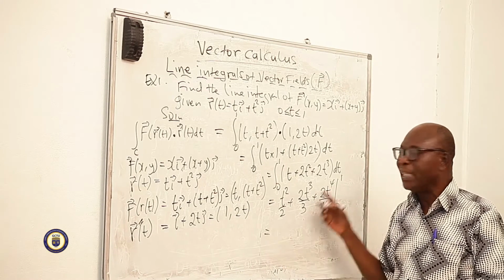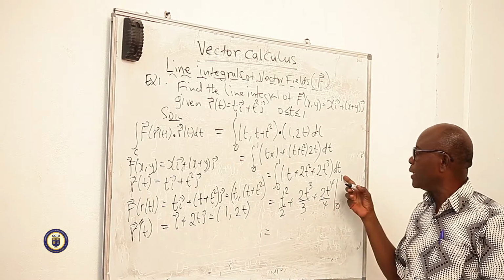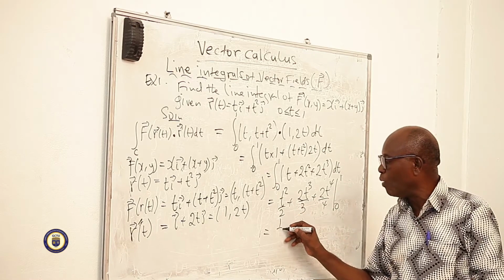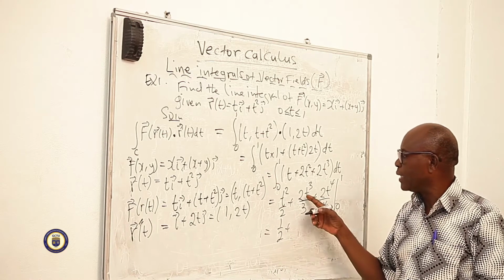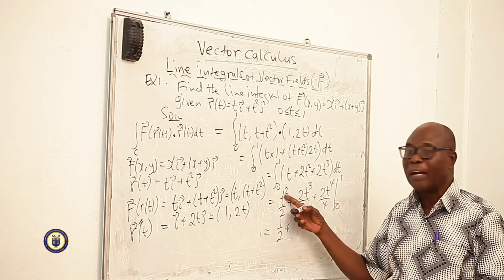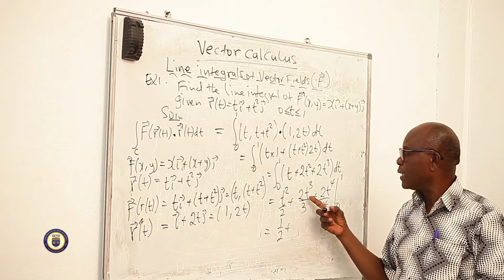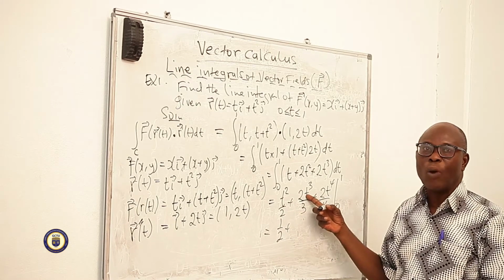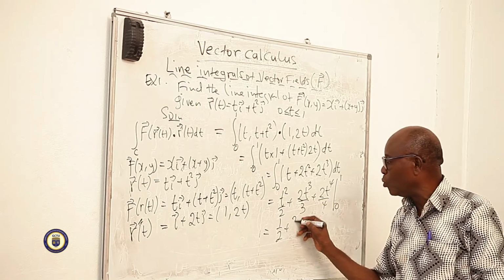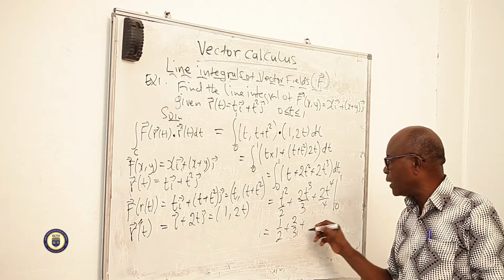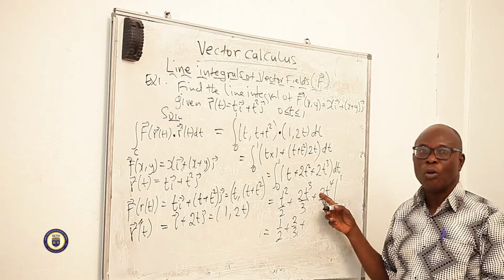And so when we put in the upper limit 1, we get 1 over 2 plus 1 squared, which is 1. We have 1 over 2 plus 2 over 3 times 1 cubed, and 1 cubed gives us 1, so 2 over 3, plus here 2 over 4.